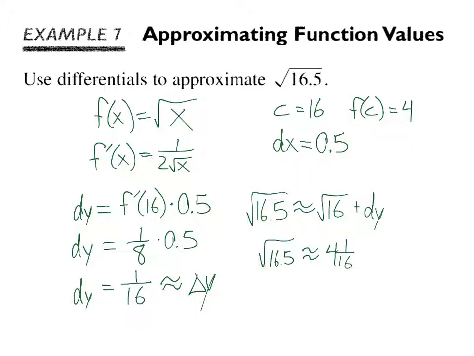So now we have a pretty good approximation of what that is, and then we could use it moving forward. Now, we're 0.5 away. That's not going to be as good an approximation as we could get if we had 16.1 or 16.2 or something like that.